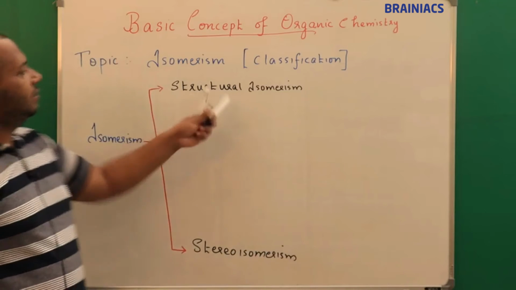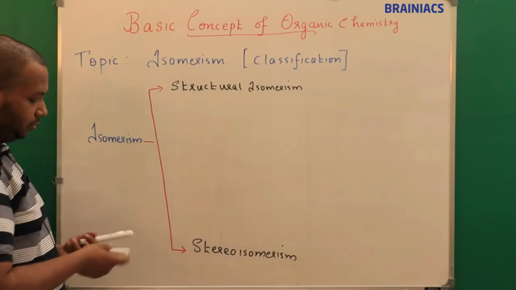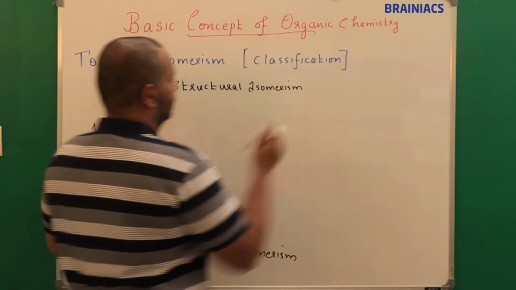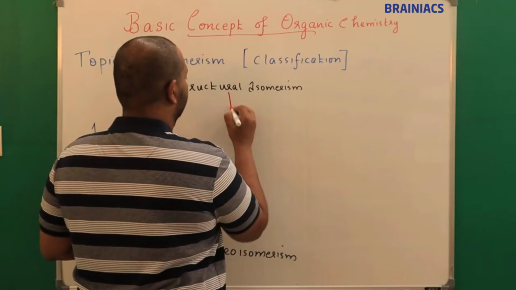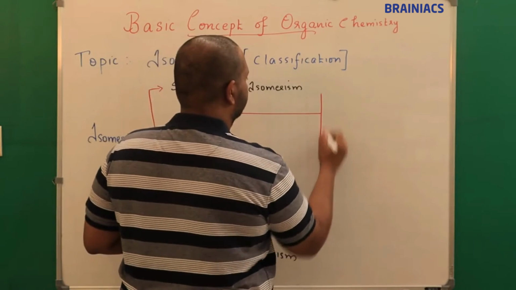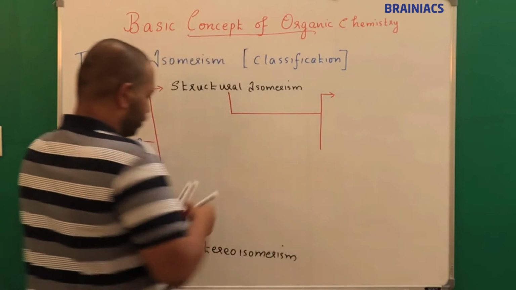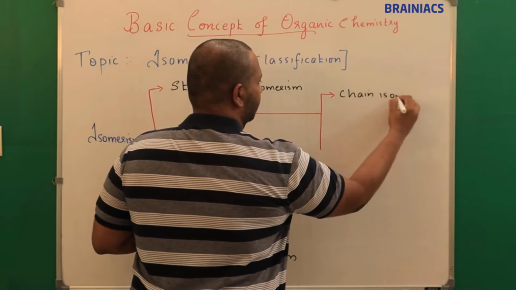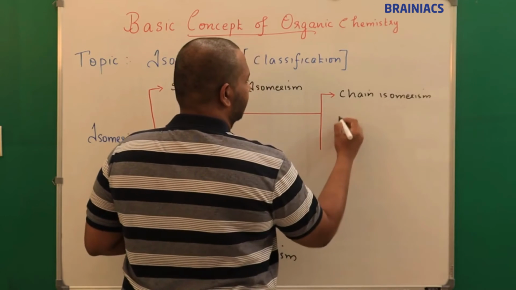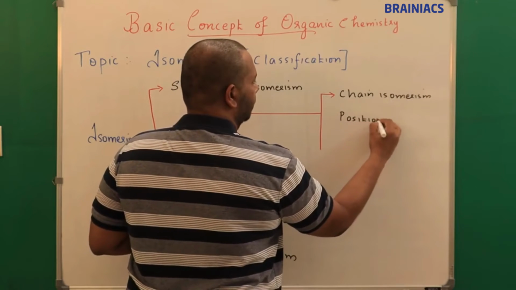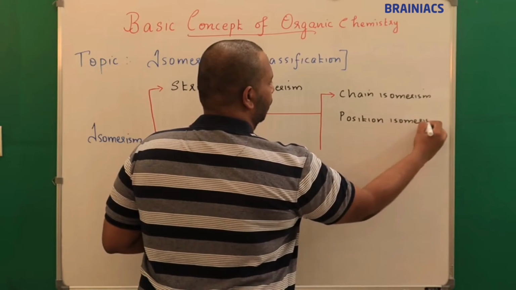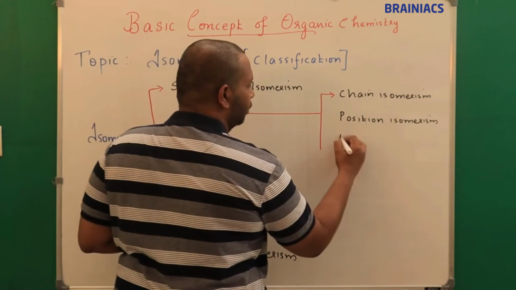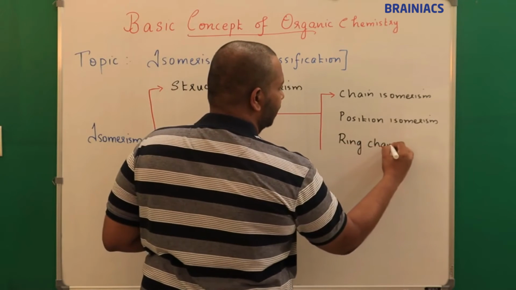This structural isomerism is further divided into, the first one, chain isomerism. It's called chain isomerism, very very important. Then position isomerism. I will explain all these things. Then ring chain isomerism.